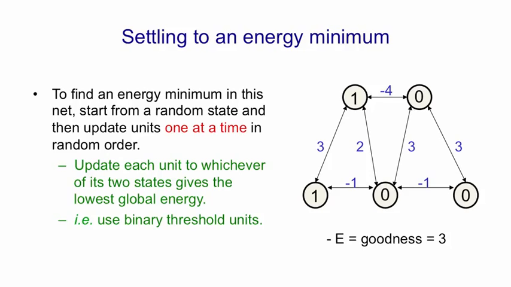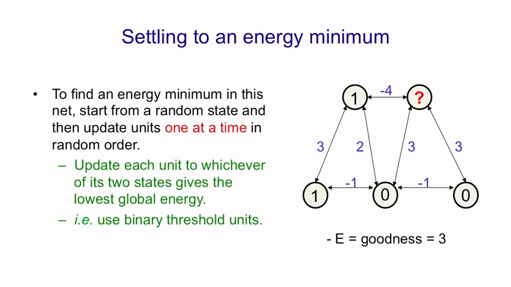Now let's start probing the units. Let's pick a unit at random, like that one, and ask what state should that be in, given the current states of all the other units. If we look at the total input to that, it gets an input of 1 times -4, plus 0 times 3, plus another 0 times 3. So it gets a total input of -4.